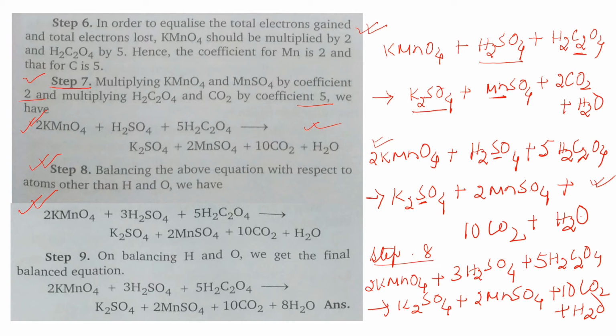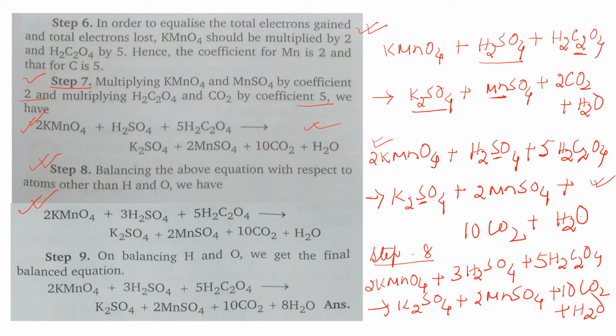Now this equation has taken place in an acidic medium. So for acidic medium, if the given equation is ionic and acidic, then what we have to do is balance oxygen by adding sufficient number of H2O molecules on the side deficient of oxygen.